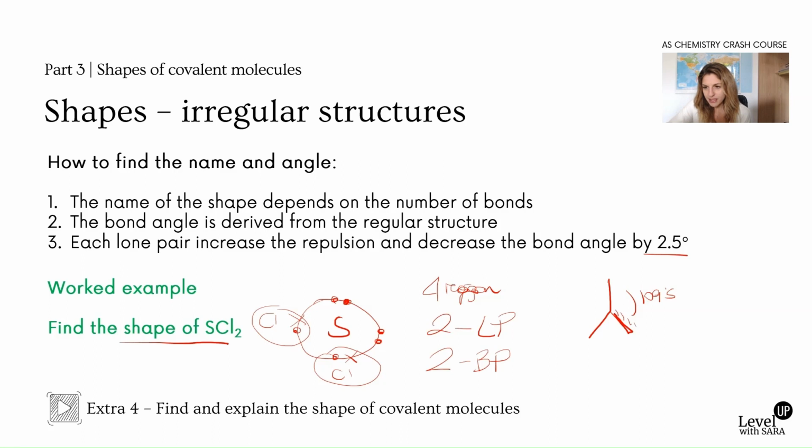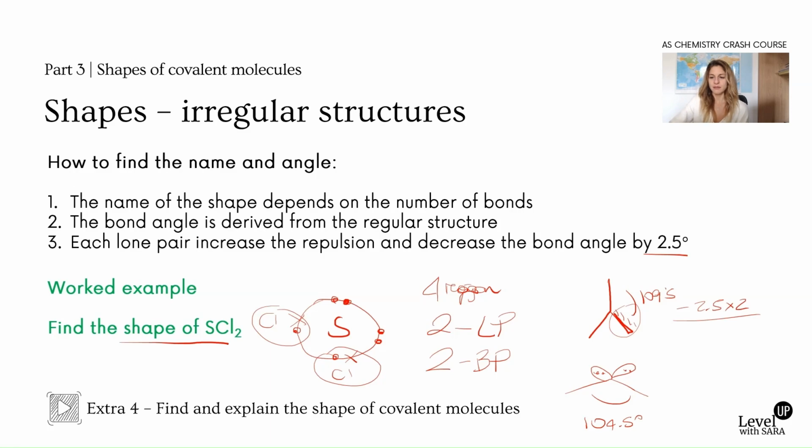So we would draw it like this, and the angle would decrease by 2.5, but twice that. So we would get an angle of 104.5.